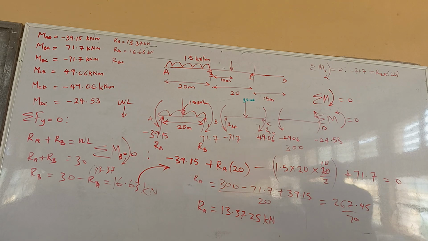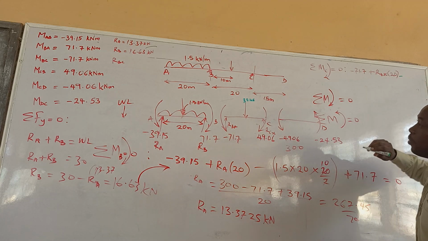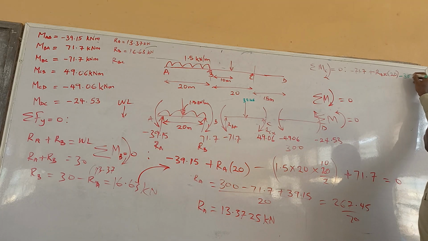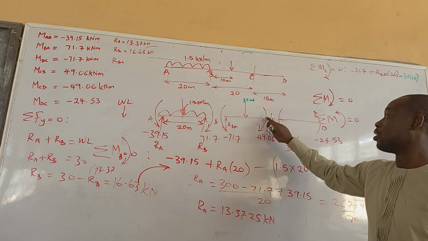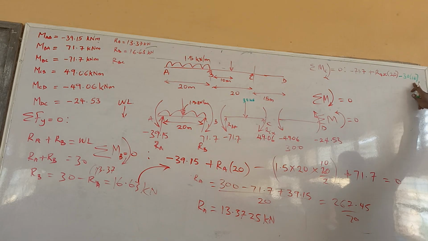Negative. That's negative, right? So I have minus, what's the value? 30 times, what distance is it covering? 30 times 10. The distance from here to here is 10. So that's the 10 we have here.